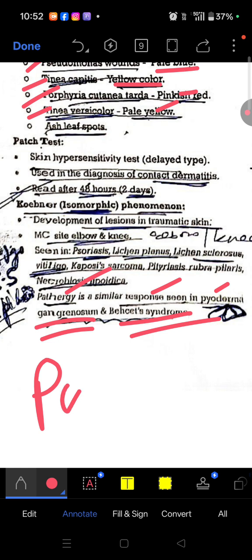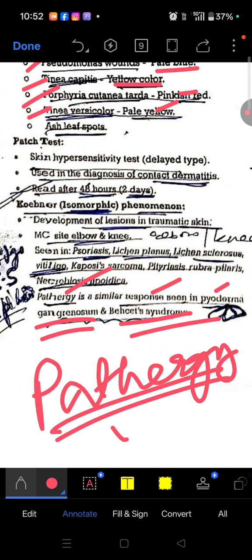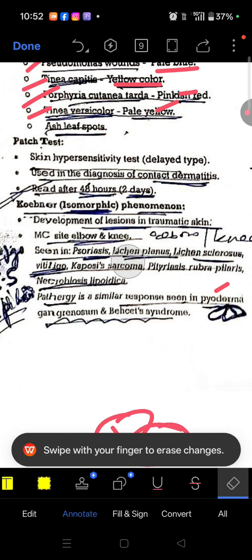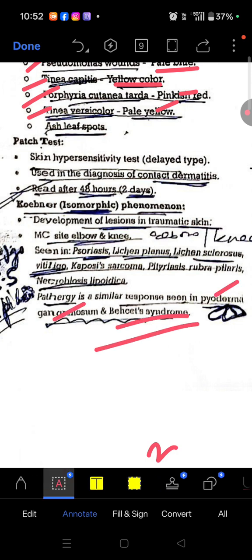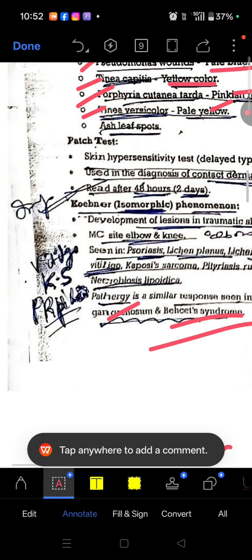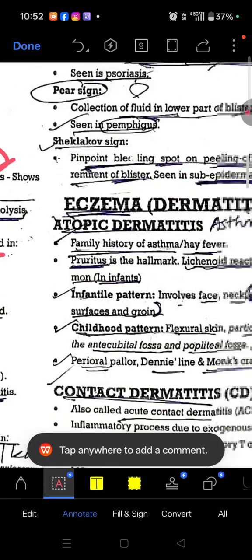So one important response which is known as pathergy. So pathergy test is seen in 2 conditions: Behçet syndrome and pyoderma gangrenosum. So Koebner phenomenon, and I have written here vitiligo, Kaposi sarcoma, and this condition.